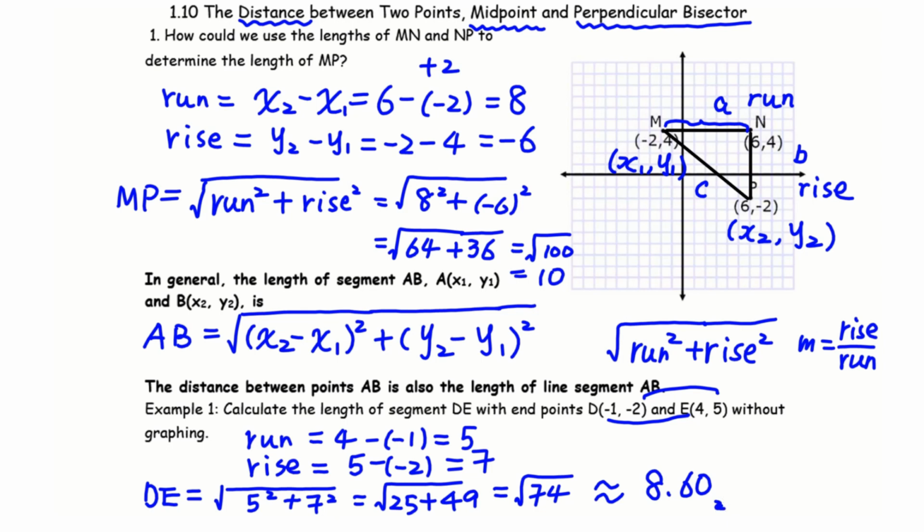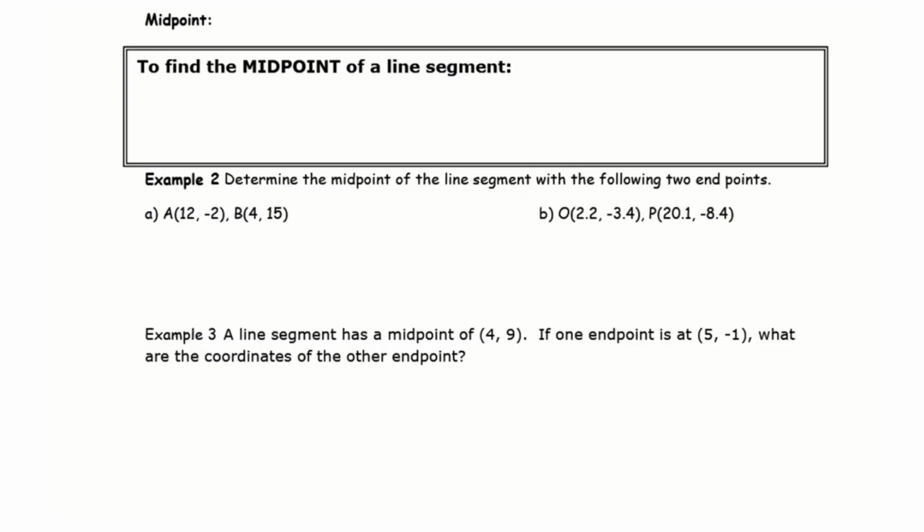If it is greater than 5, then we add 1 to the last digit, so it will be 61. So this is the first part of this video, the distance between 2 points: square root of run squared plus rise squared.